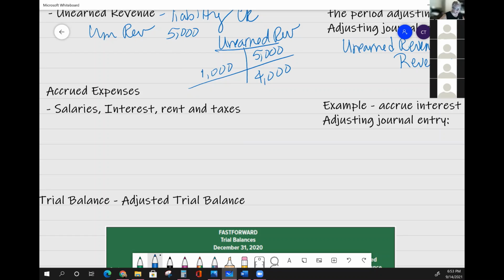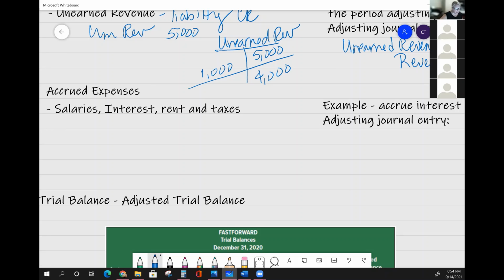So maybe I have taxes that are going to be due at the year end and I want to accrue those as I go. I'm going to be setting up the expense, which is the debit, but the offset, the credit, is not going to be to an asset account because I didn't pay for it yet. It's going to go to a liability account. So it may be called interest payable or rent payable or salaries payable or taxes payable.